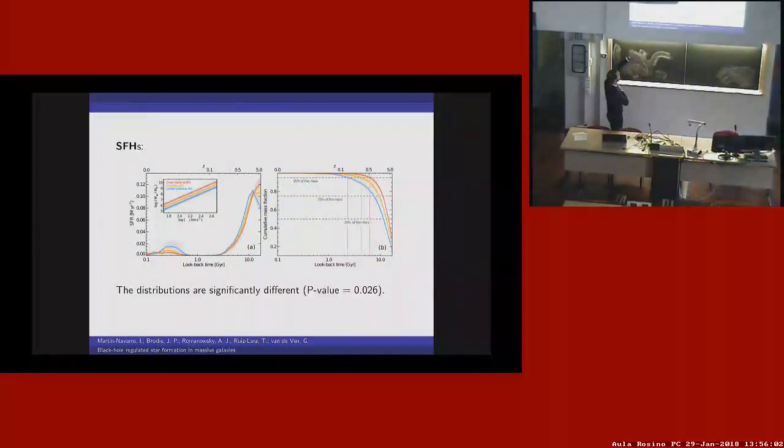In both plots, we have in red the distribution of overmassive black hole galaxies, in yellow the average, and in blue the undermassive black hole galaxies, while the dashed areas are for the 1 sigma uncertainties in the mean value, because here we have a sort of mean value for each group of galaxies.